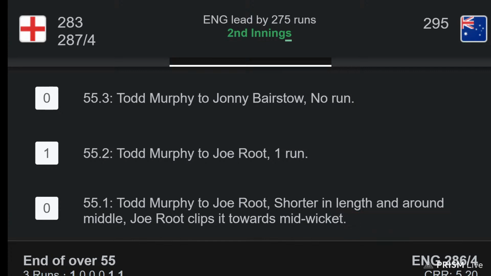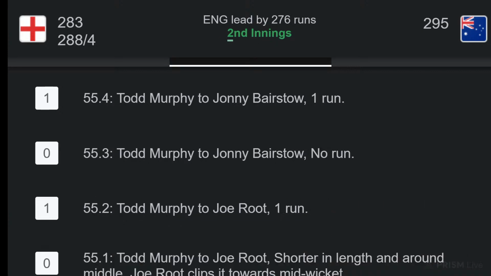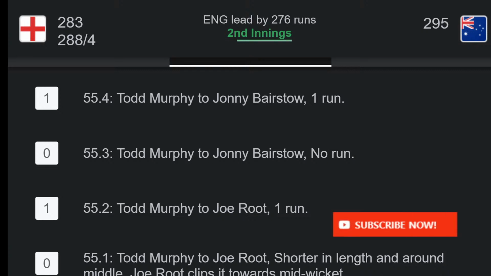So it's a very evenly poised Test match between England and Australia. 288 for the loss of 4 wickets. Joe Root and Johnny Bairstow, two not out batsmen of England. So England lead by 276 runs, 283 and 288 for the loss of 4 wickets.